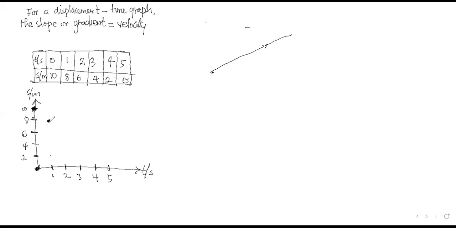The body is here. t is equal to 2, the distance covered now is 6. t is equal to 3, distance covered 4. t is equal to 4, distance covered 2. Then t is equal to 5, distance covered 0.